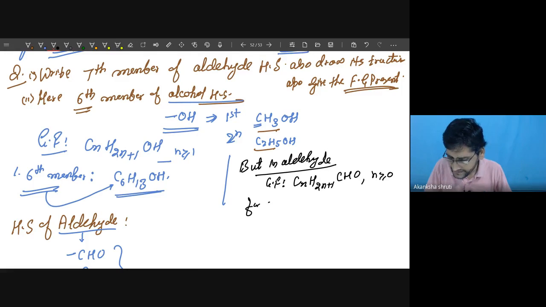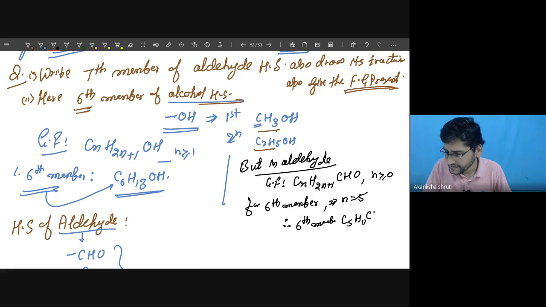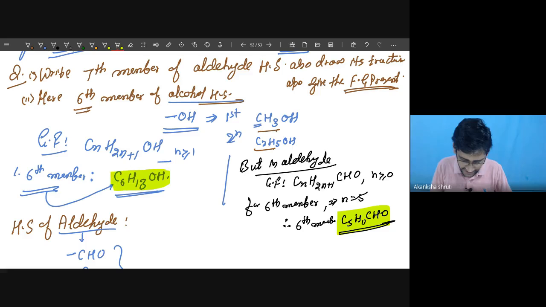So for the sixth member, I shall take n equals 5. Therefore the sixth member is C5H(2 fives are 10, plus 1, 11)CHO. It is this one. This was the crux, the important thing that you need to keep in mind. Many a time our students, by just learning and writing a general formula and applying it, make mistakes.